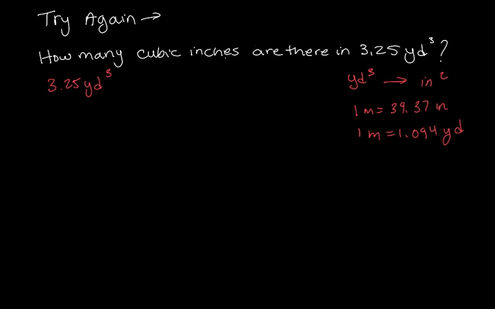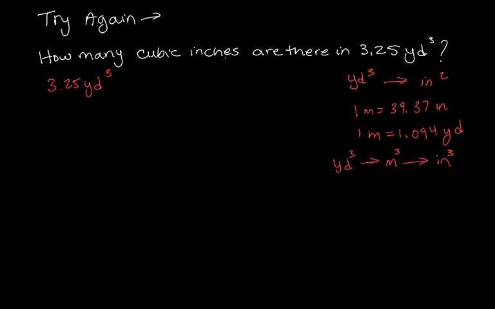So we can then convert our yards to meters and then our meters to inches. But of course, it's cubic yards. We're converting it to cubic meters and then to cubic inches.